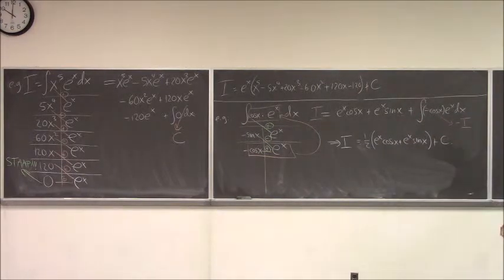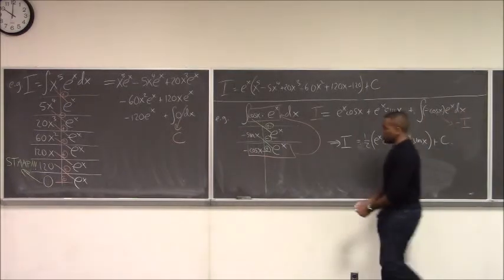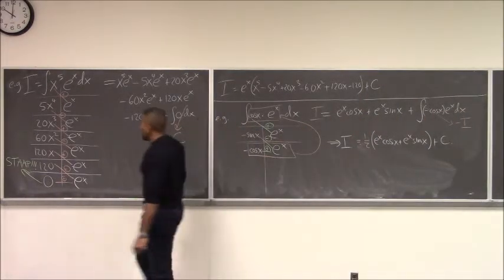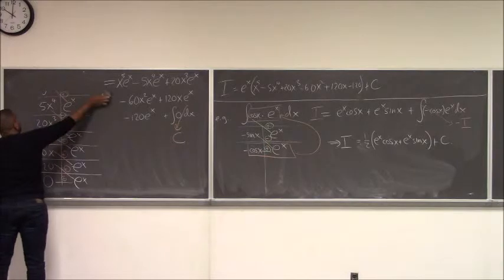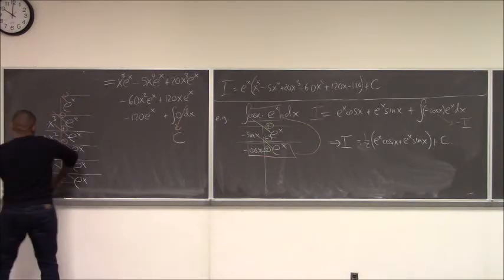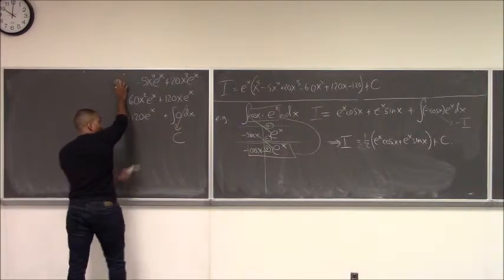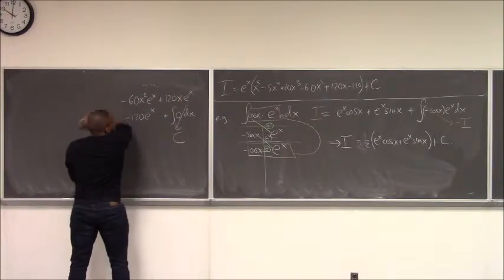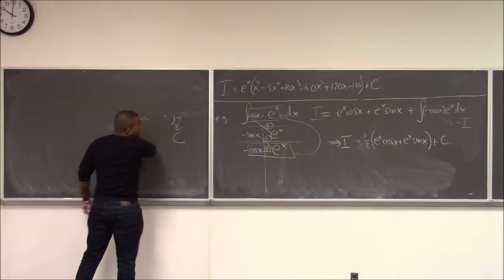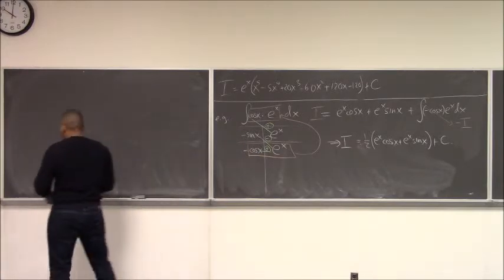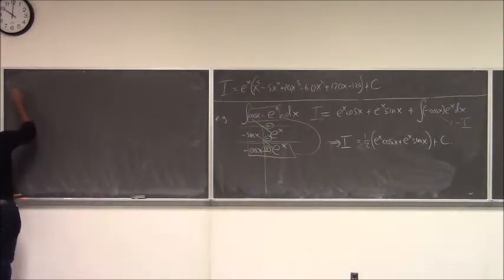And get that answer. You can look at a situation where neither of these options happen, where you don't get 0 and you don't get the original back. But you know you can stop when you see something easy happening. So let's actually redo a previous example.